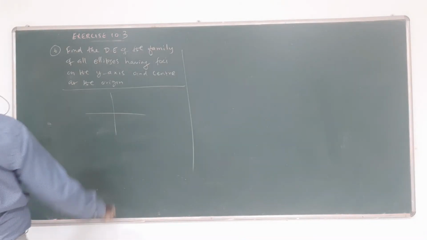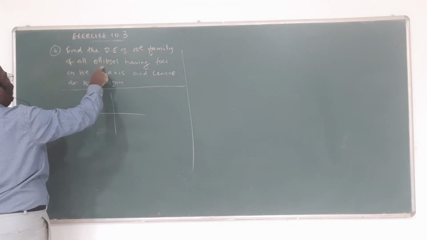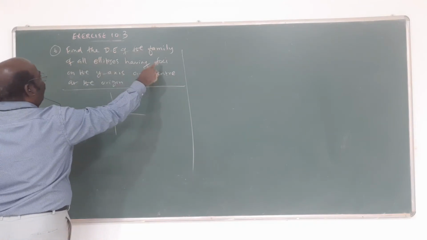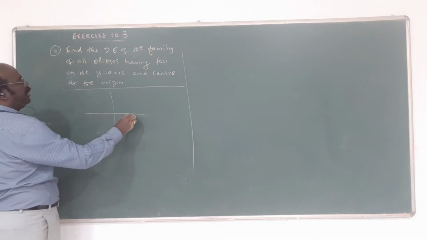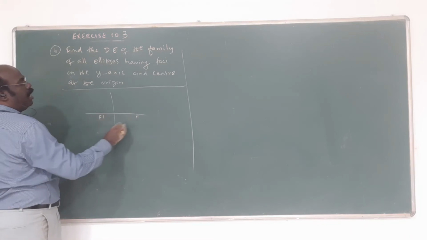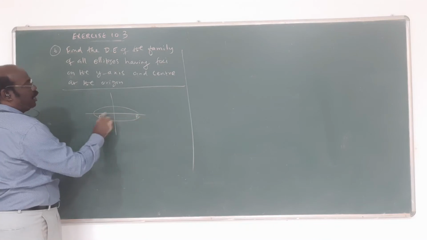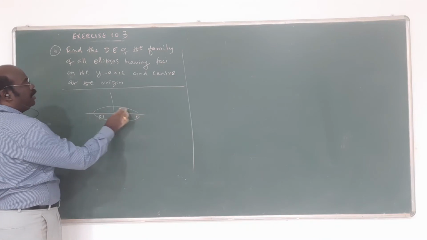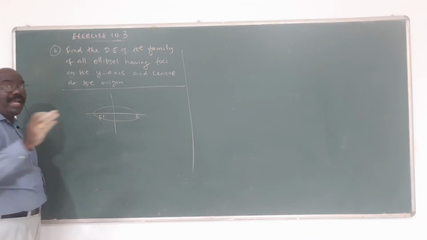Listen here. Sixth question. Find the differential equation of the family of ellipses having foci on the y-axis. Suppose the foci are on the x-axis, meaning here F dash and S. The ellipse is like this one, where the x-axis is the major axis.